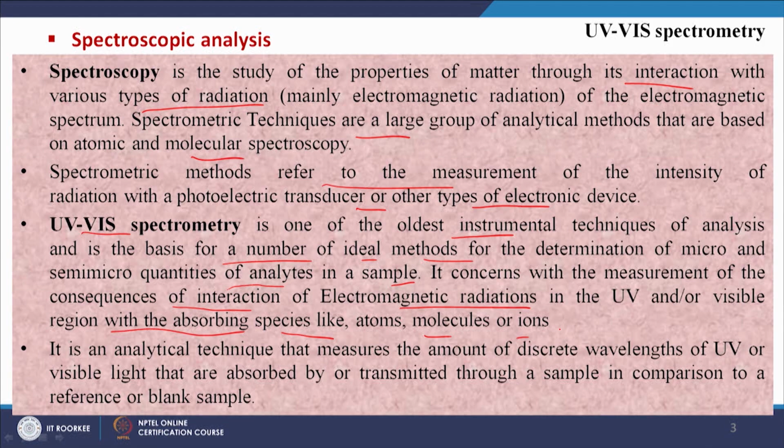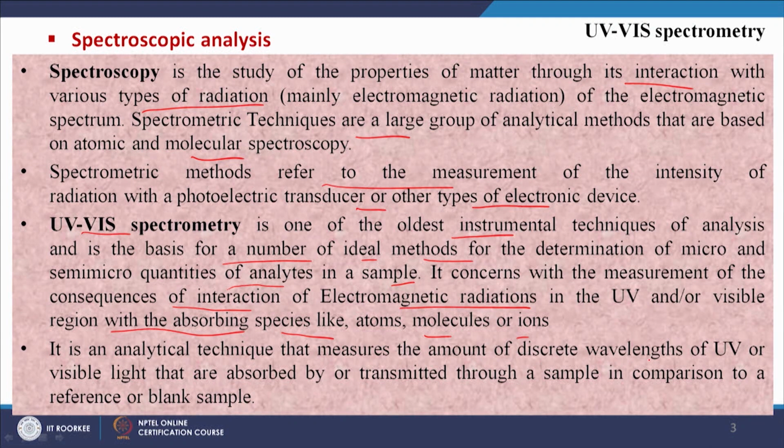That means, if we have a sample and we radiate some electromagnetic radiation like light, it will capture some part of it, and different elements will capture different light or radiation of different wavelength, and the intensity of the radiation will also be reduced when it passes through the sample.